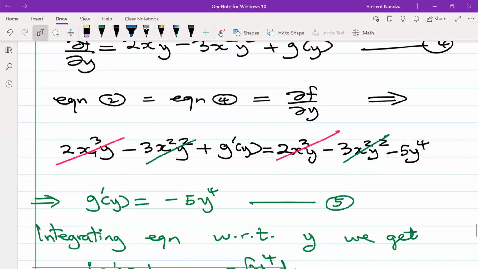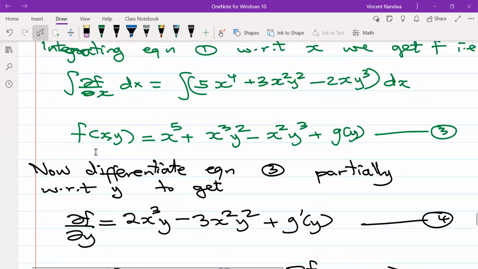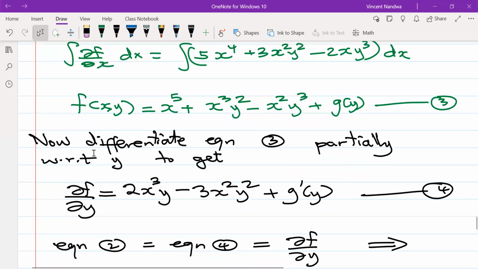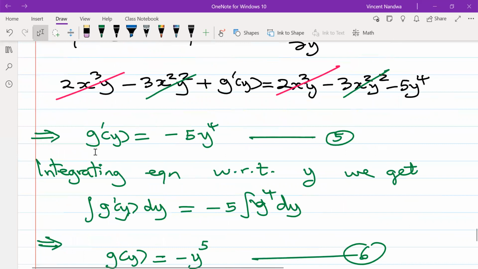And then next is x^3y^2. Next is minus x^2y^3.